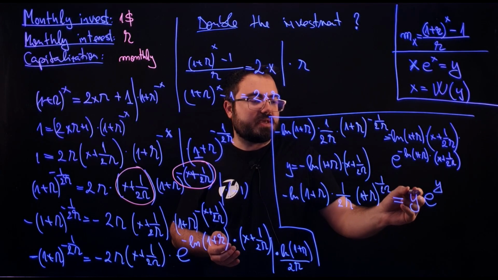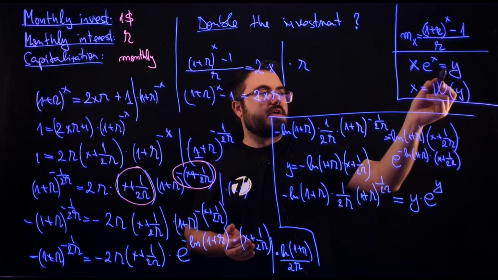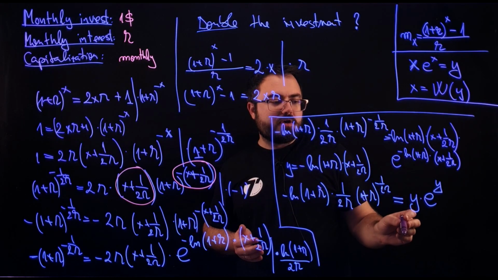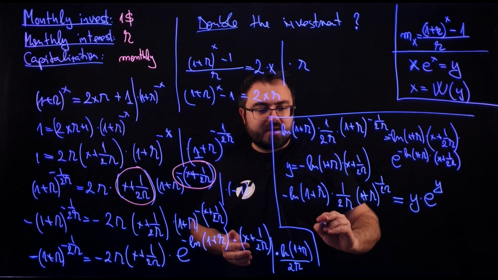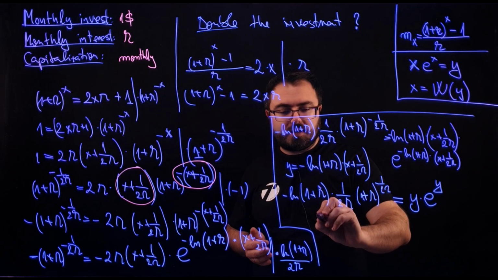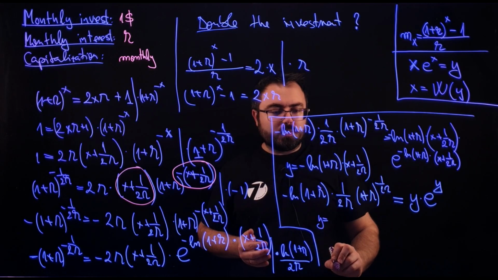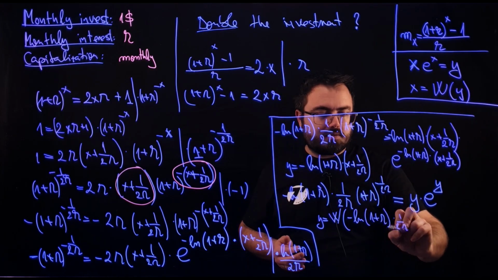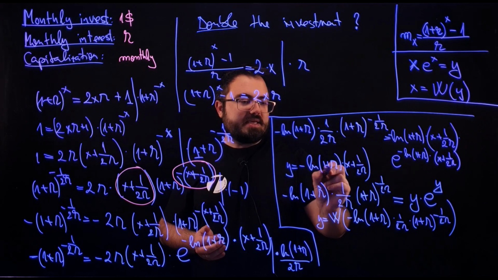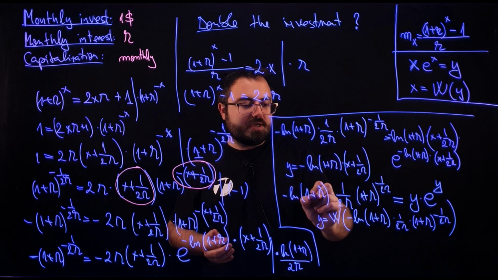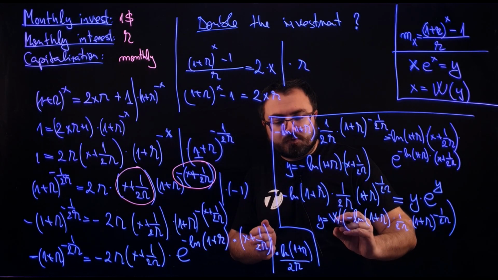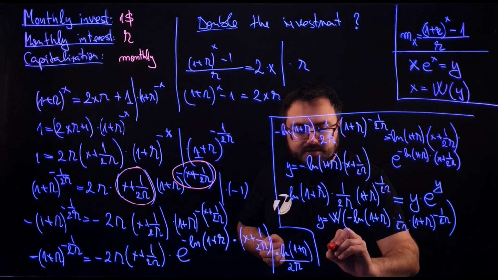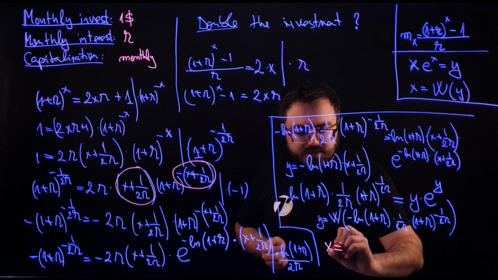And here we have something very similar to the Lambert W function. Now we have to solve for y, and y will be equal to W of that expression. And because y is equal to this one over here, finally, when we solve for x, we have x equal to the following.